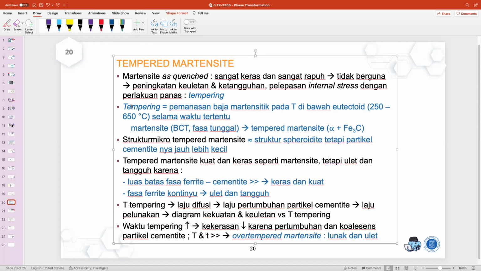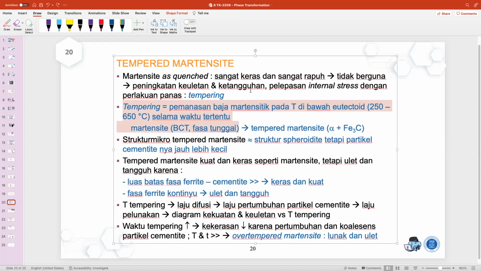So what is called tempering is heating. Once we have the martensite, it is very brittle, so it's not useful. What we usually do is temper the martensite.